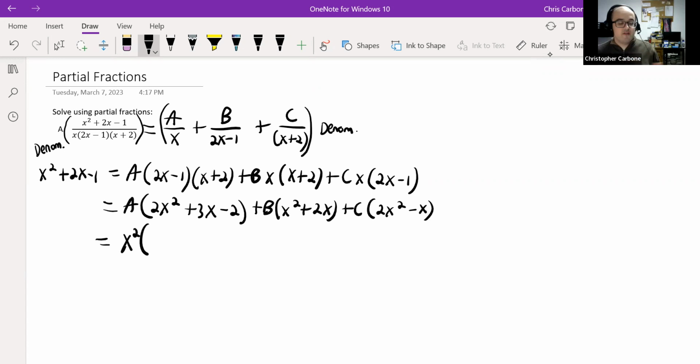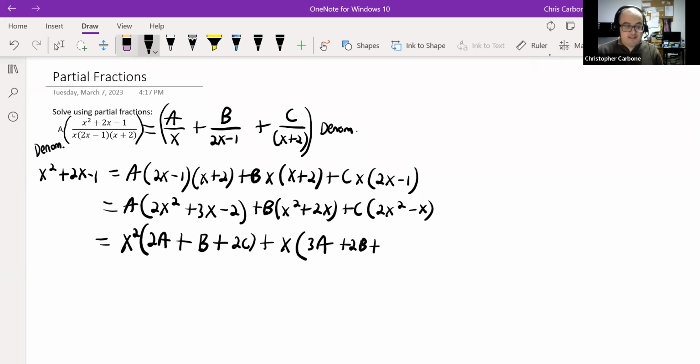From what we have above, we have x squared times 2a plus b plus 2c, plus an x term times 3a plus 2b, minus c, so that we don't have a double sign there, plus we have a negative 2a.